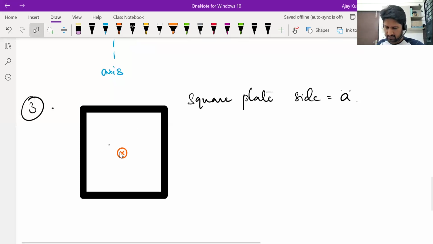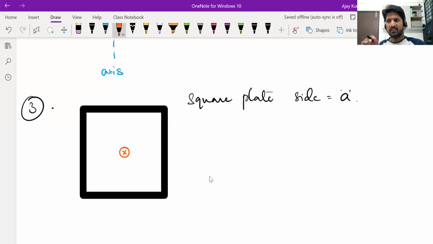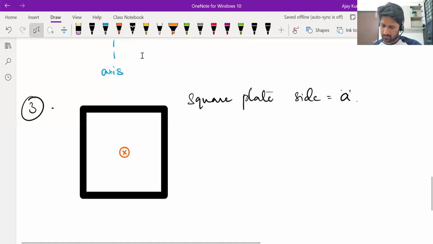The axis is the z axis. It's passing through the center of the square and perpendicular to the plane of the square. So I'll mention a few forces. You'll have to find out torque produced by each force about the z axis and then sum all of them to tell the net torque acting on the square plate. So its side is A.